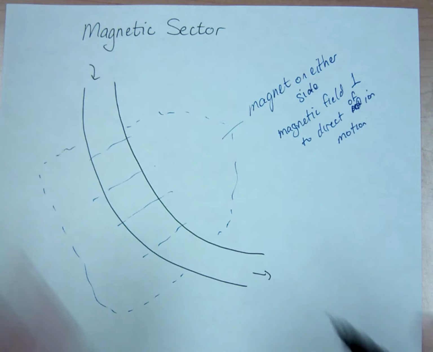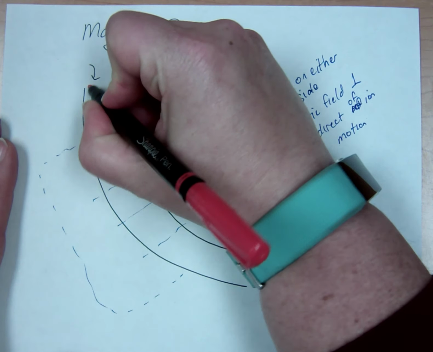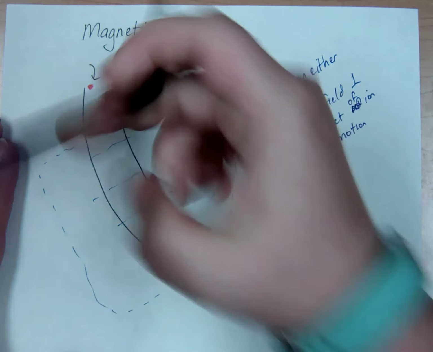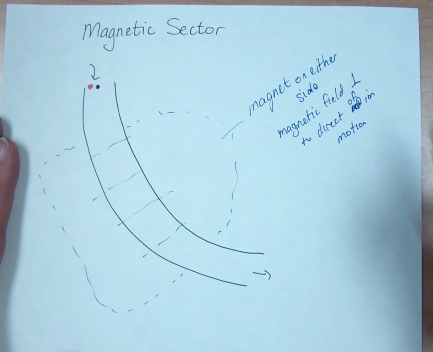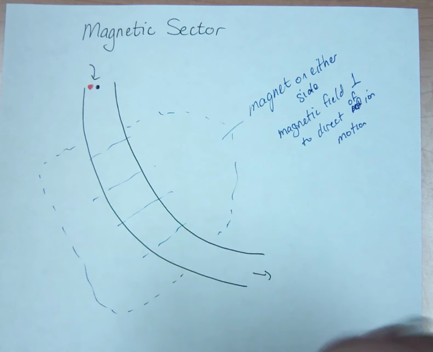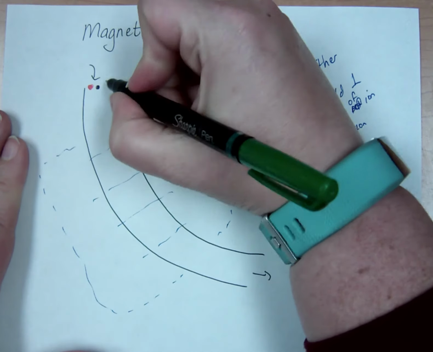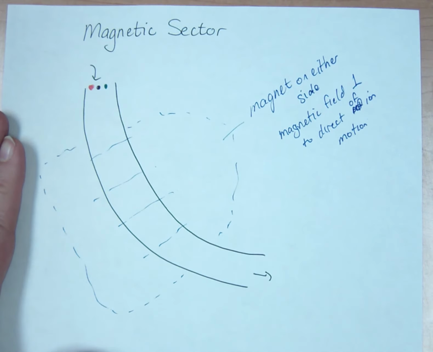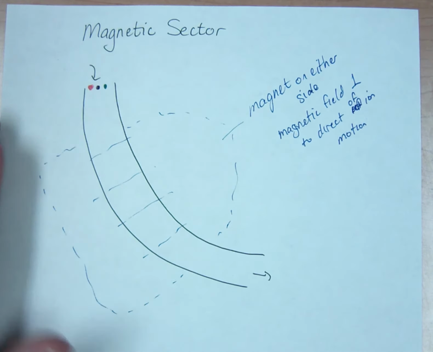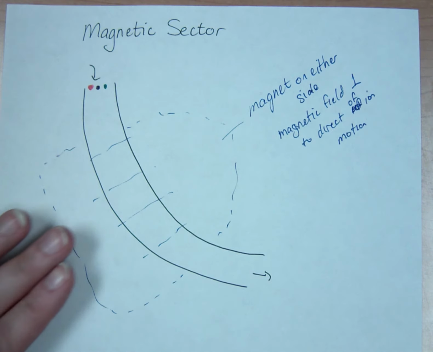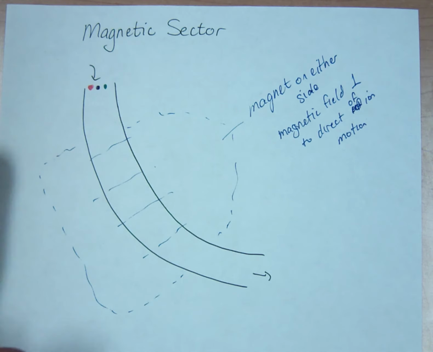Now, if we have ions of different mass to charge ratios, and I'm going to draw these as three different colored dots, we can see how having different mass to charge ratios is going to affect their travel. If they all had the same mass to charge ratio, then the amount that this magnet deflects them or pushes them into this curved pathway would be the same.